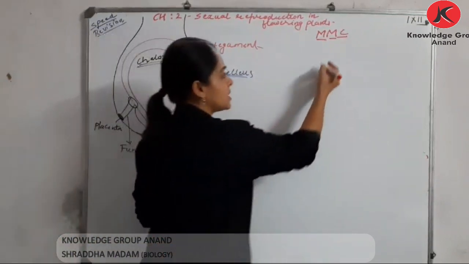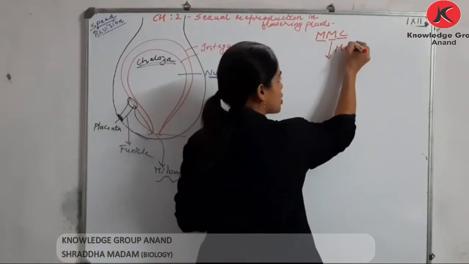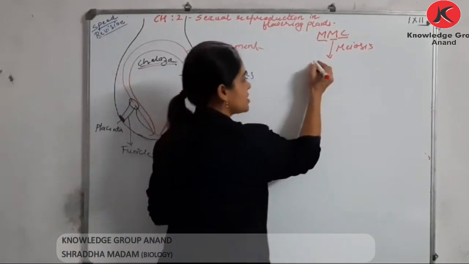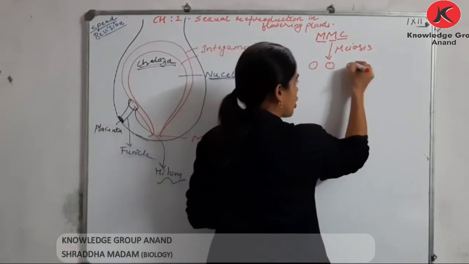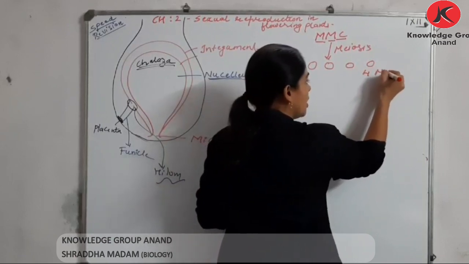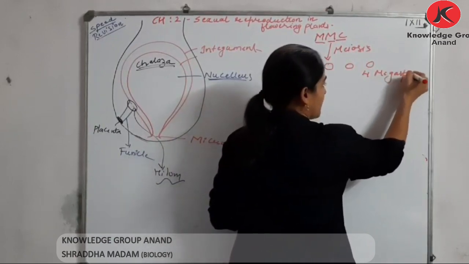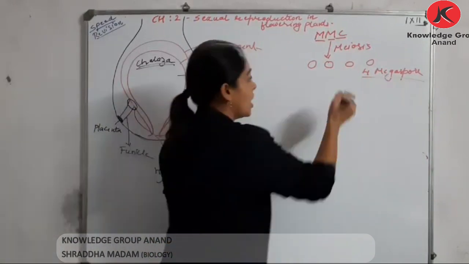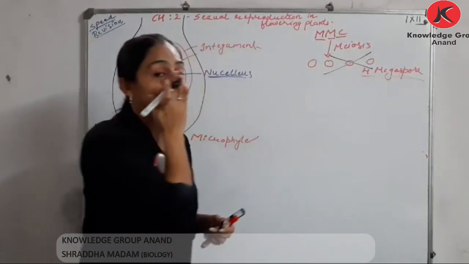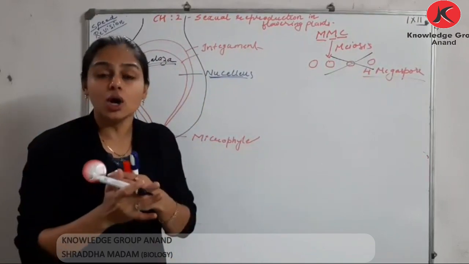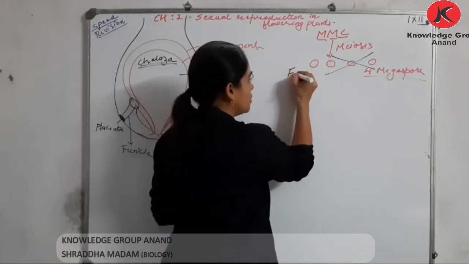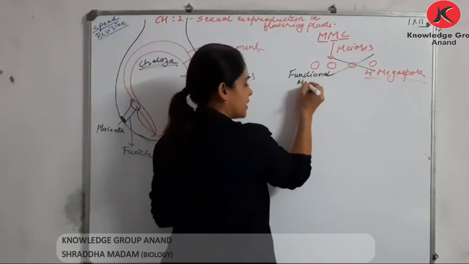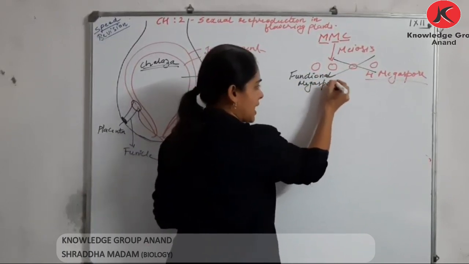This megaspore mother cell undergoes a process called meiosis, which results in formation of 1, 2, 3, 4, that is your megaspores. Okay, out of your 4 megaspores, 3 are going to disintegrate and one becomes your functional megaspore.